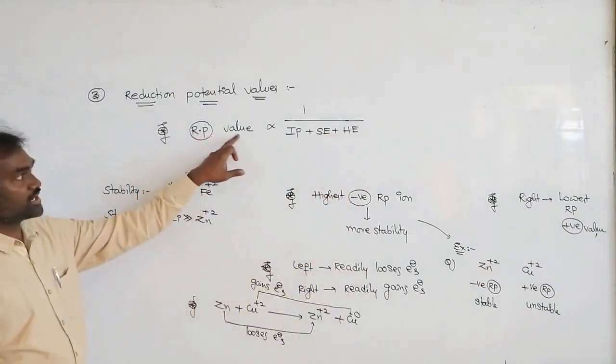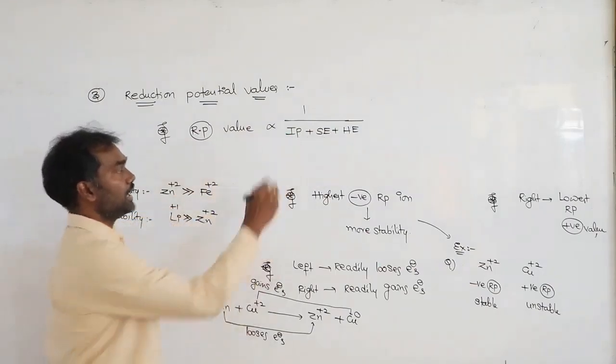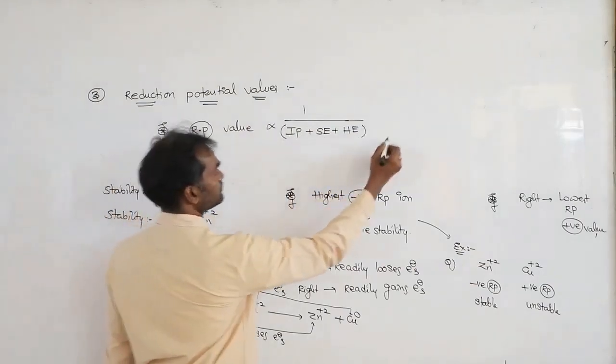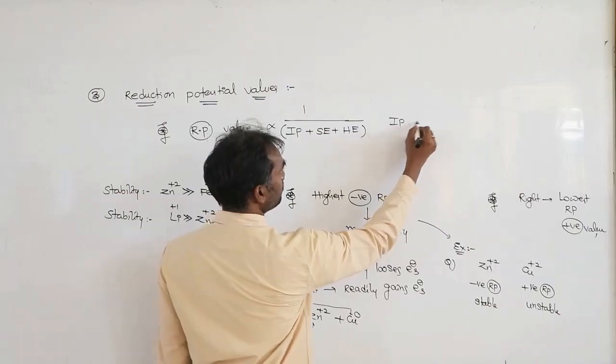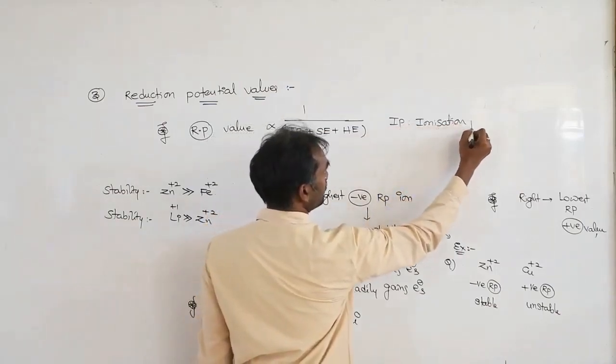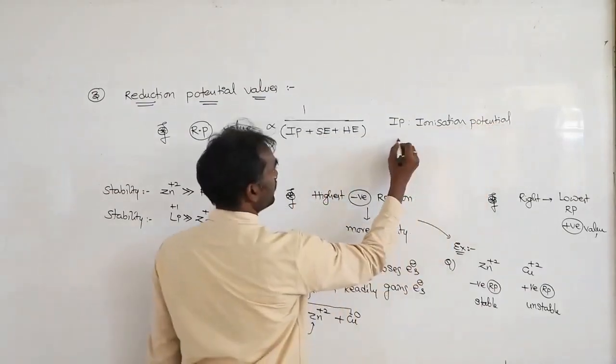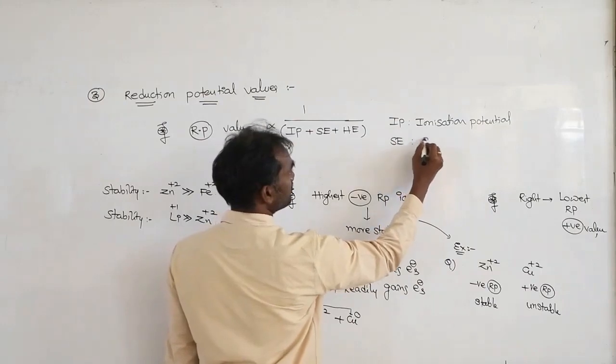IP means ionization potential. Next, sublimation energy.